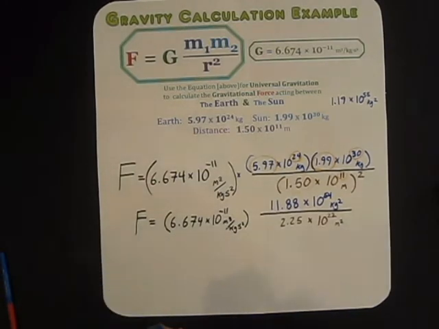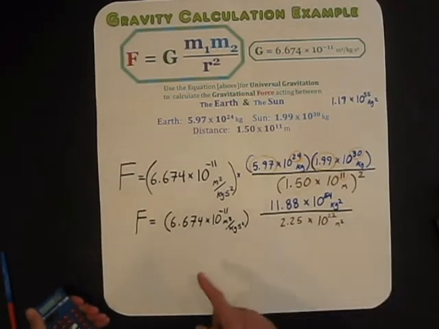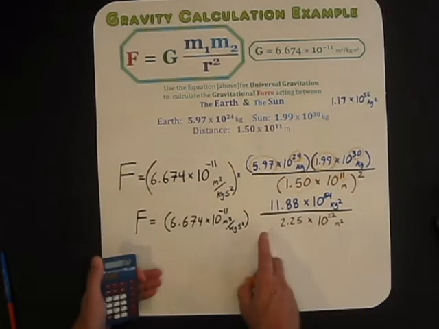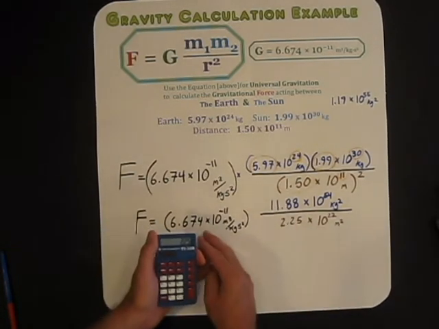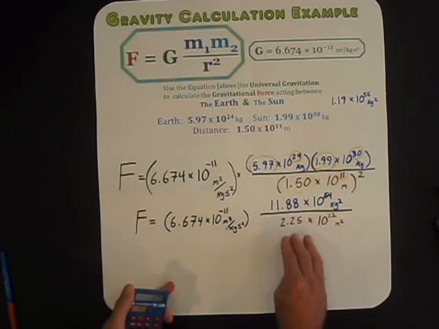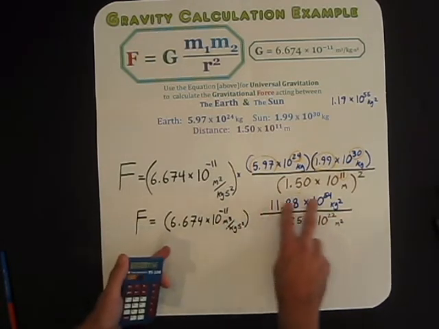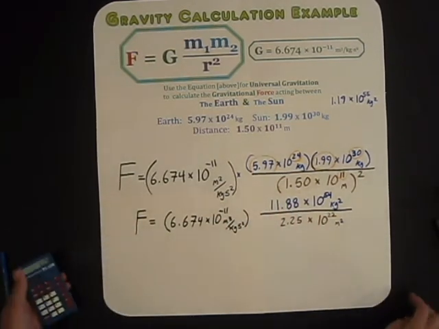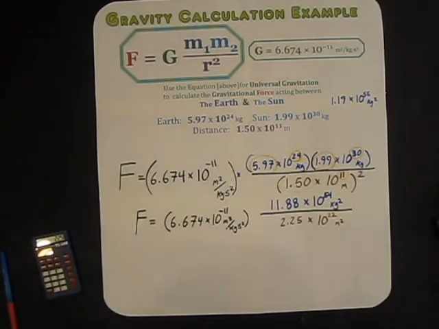Okay, so now when we deal with these in the next one, we could do this either way. We could either divide here and then multiply together. I think that is what I'm going to do. Or we could multiply these two together and then divide. The order of operations for that doesn't really change the answer.